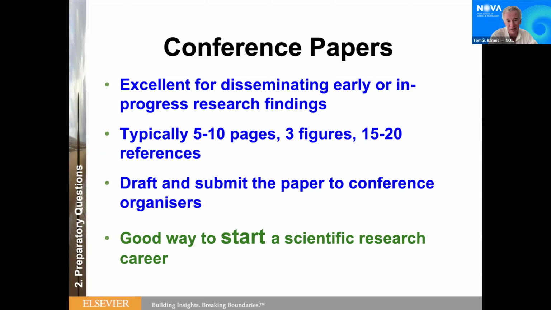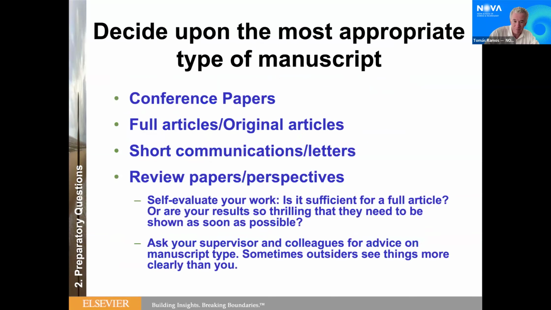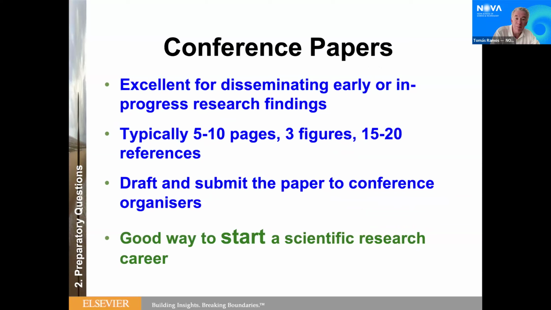They are excellent to communicate early or in-progress research findings. Usually these papers are not so big. They are around 5 to 10 pages, so they are smaller than a typical original research paper.